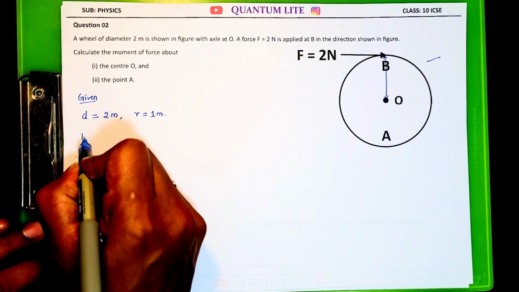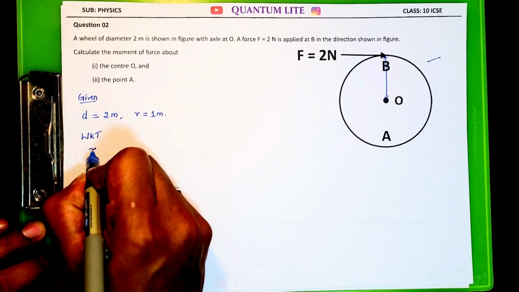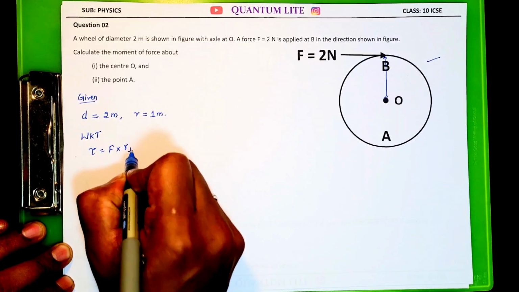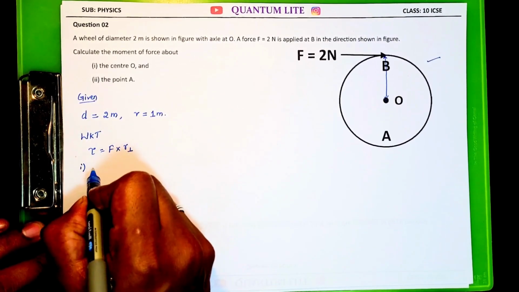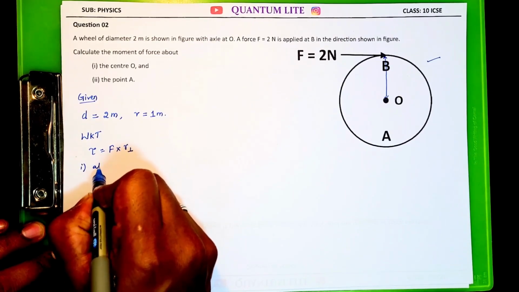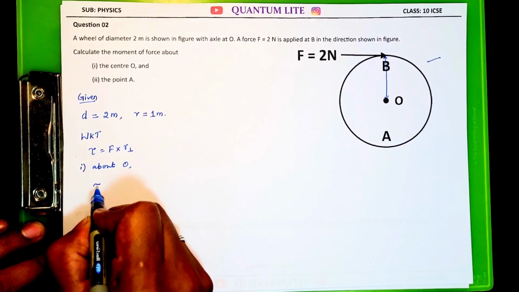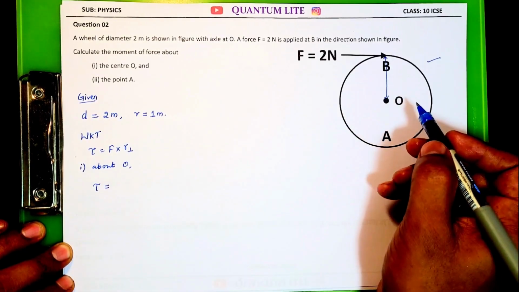Okay, so we know that tau is equal to force into perpendicular distance. In the first one, the moment of force about O: tau is equal to force, how much is the given force?